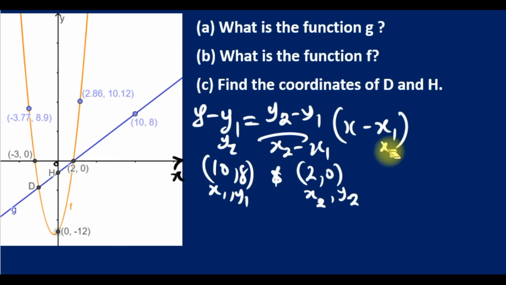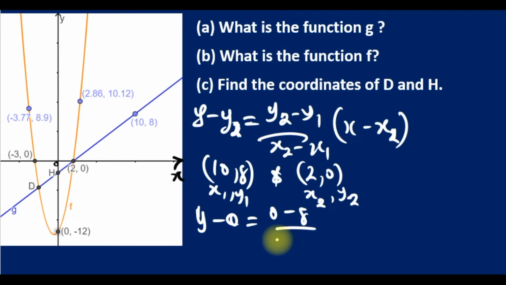So I'll use x2, y2. Let's solve. We have y minus y2, our y2 is 0, equals 0 minus 8 over 2 minus 10, times x minus our x2, which is 2.